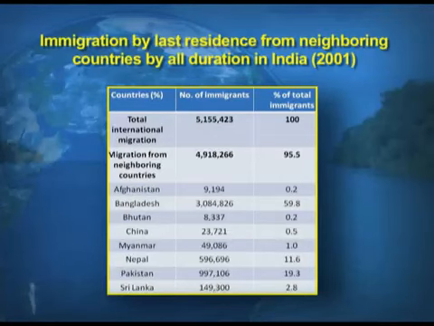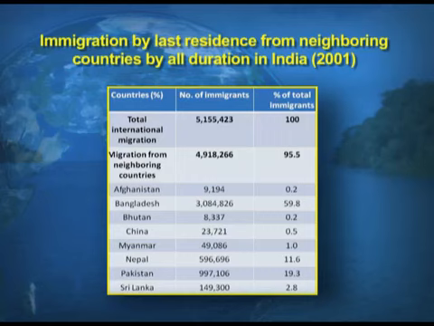Now, children, just look at the screens and you can have a tabular view of the migrants. It says that in international migration, the migration from the neighboring countries was 95.5%.